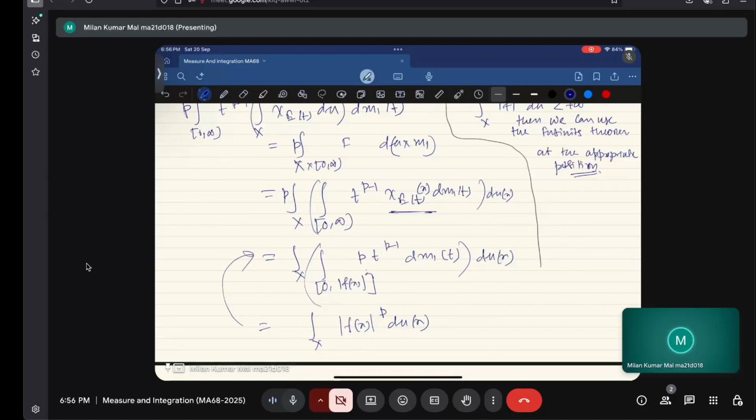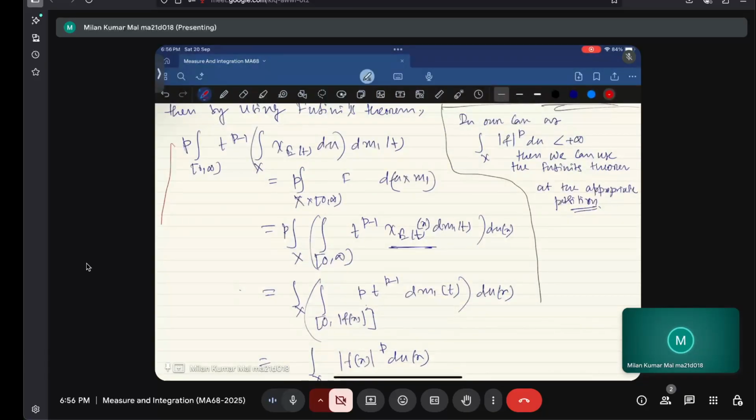Integration 0 to infinity of mod of f to the p, one can write as p t to the p minus 1, integrated from 0 to mod f(x) dt. One can write this, there is no problem. This step one can do. And from here to here, there is no problem. This is just the same thing written differently. Now from here to here, we are using Fubini's theorem.